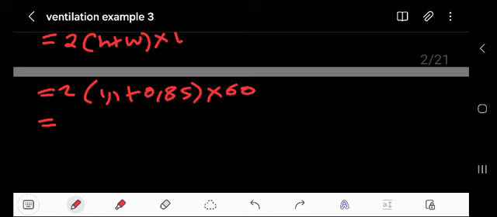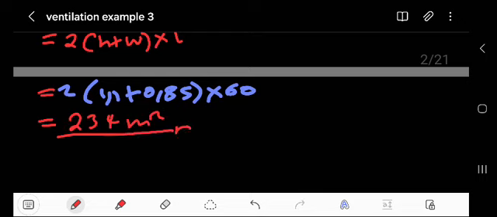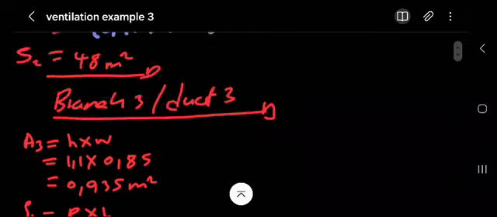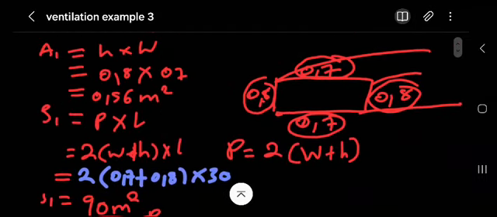Oh, I have punched wrong on my calculator. This is simply 234 meter squared. Then we are done with the surface rubbing and the area.